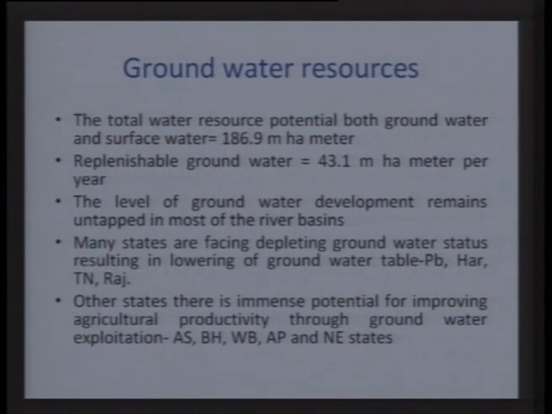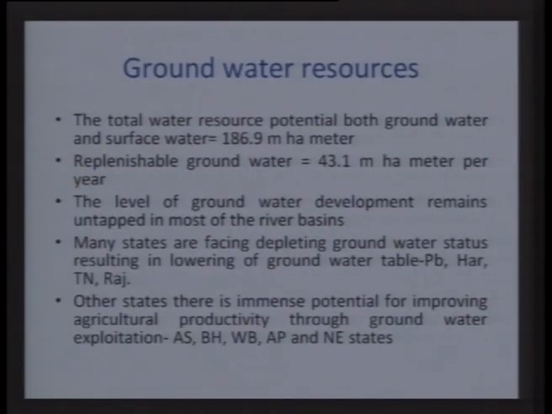However, many states are facing depleting groundwater status, resulting in lowering of groundwater table. So the lowering of groundwater table is observed in many parts of the country, basically because of overexploitation of groundwater, and this phenomenon is observed in the states of Punjab, Haryana, Tamil Nadu and Rajasthan, wherein excessive groundwater exploitation is taking place.